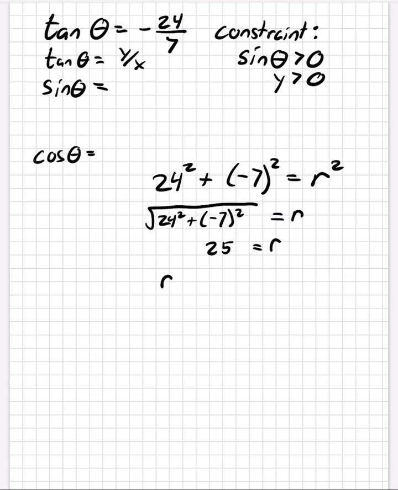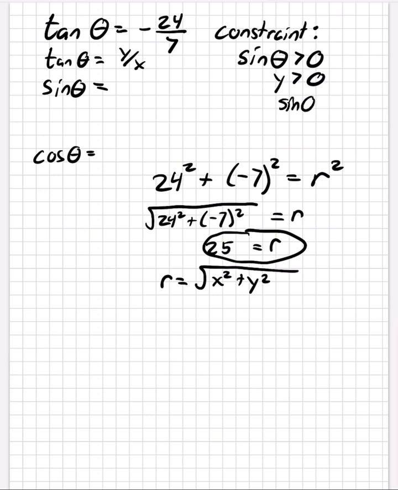Because the radius r is equal to the square root of x squared plus y squared. Okay, so you can find the radius of any circle or any angle because of r being the square root of x squared plus y squared. Okay, so now that I know that my r is 25, then my sine of theta is y over r, right?